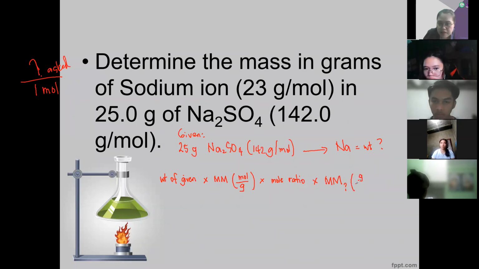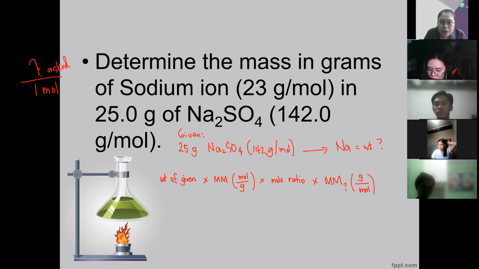Pero tama na ngayon, ang gram na ang nasa taas, ang mole ang nasa baba. So this is my pattern in solving this type of problem. Medyo complicated pero dahan-dahanin natin, makuha natin yan later.